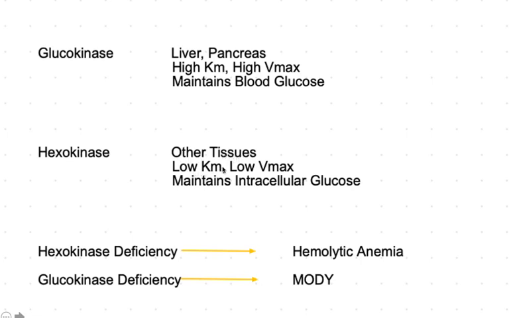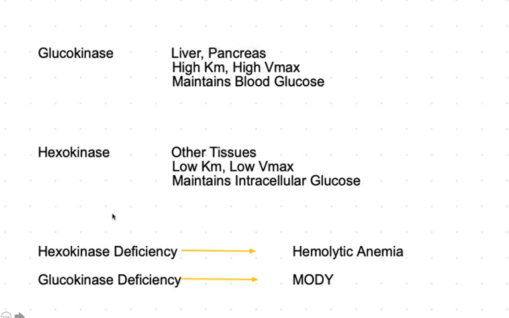It has low Km and low Vmax, meaning high affinity and low capacity for glucose. And then glucokinase is responsible for maintaining blood glucose, while hexokinase maintains intracellular glucose. And glucokinase is the one which is induced by insulin.